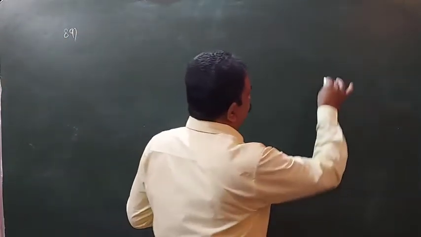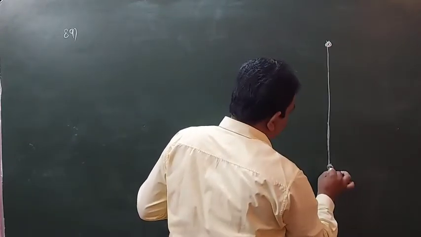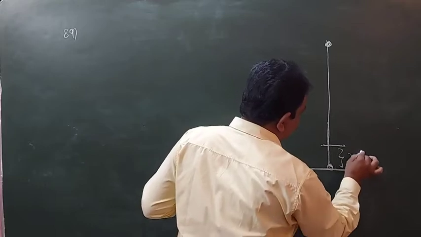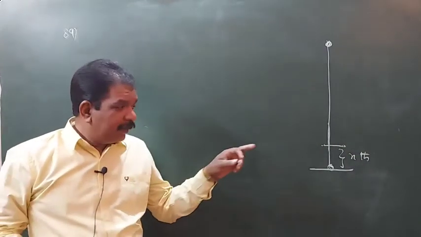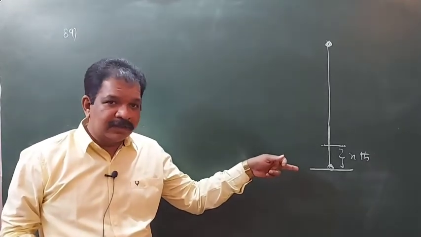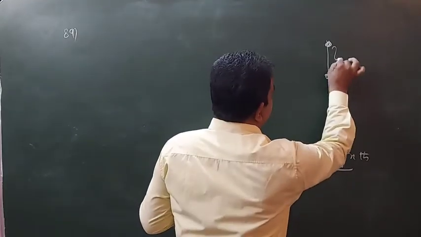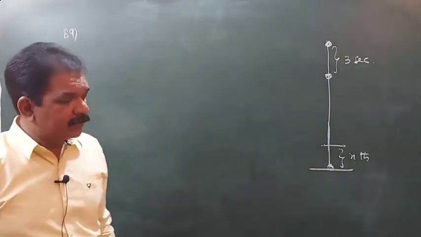Body is freely falling. In the last second, the nth second, total journey is n seconds. Let it be. In the nth second, how much distance does it cover? In the first 3 seconds also, it covered the same distance.